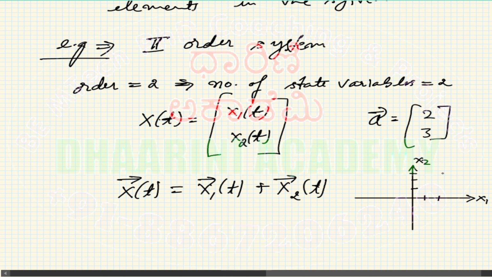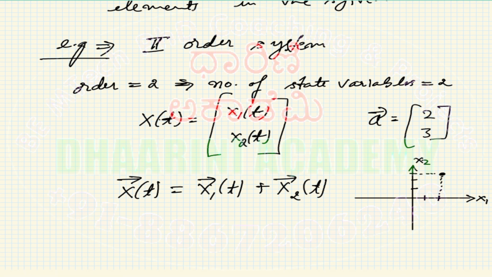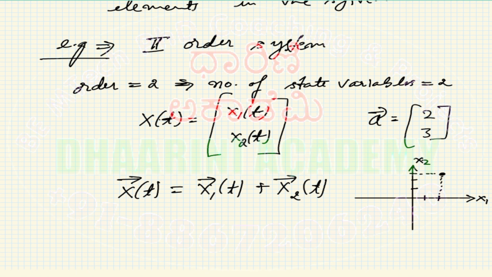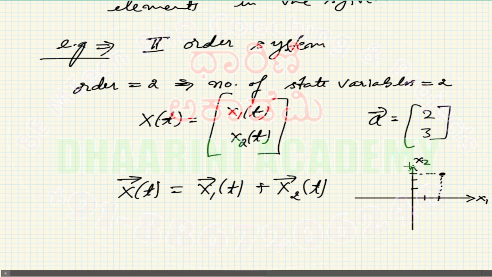So this point represents the vector. This is vector A. So there are 2 units here, 3 units here.